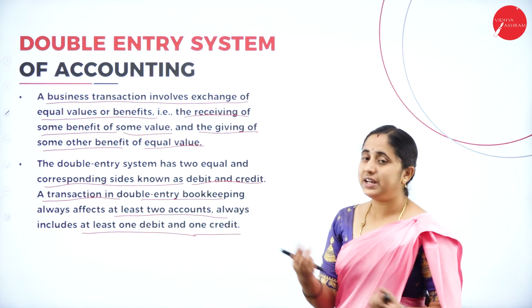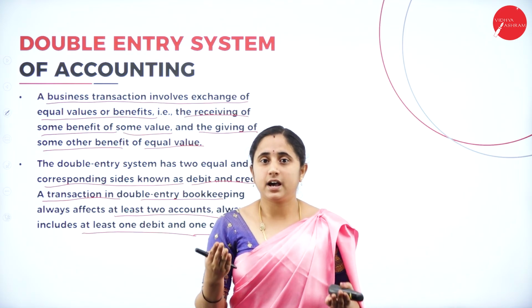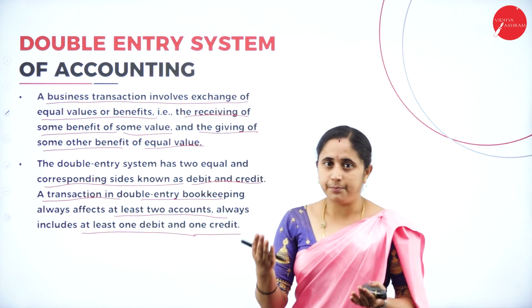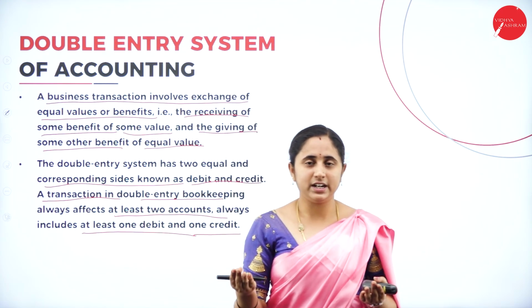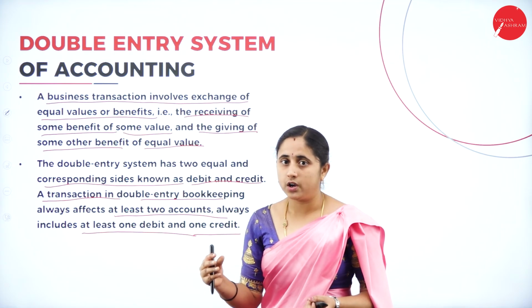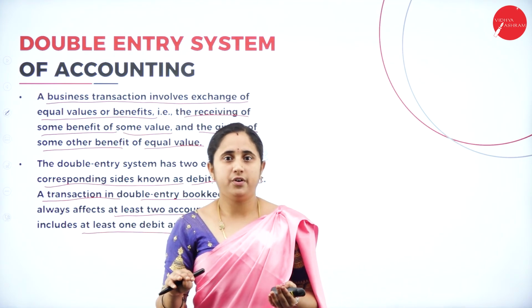Mainly the double entry system of bookkeeping is maintained to balance the accounts. If there is any imbalance, that means you are getting an imbalance in debit and credit, which shows that something is wrong. If it is balanced, you have recorded it in a proper way.